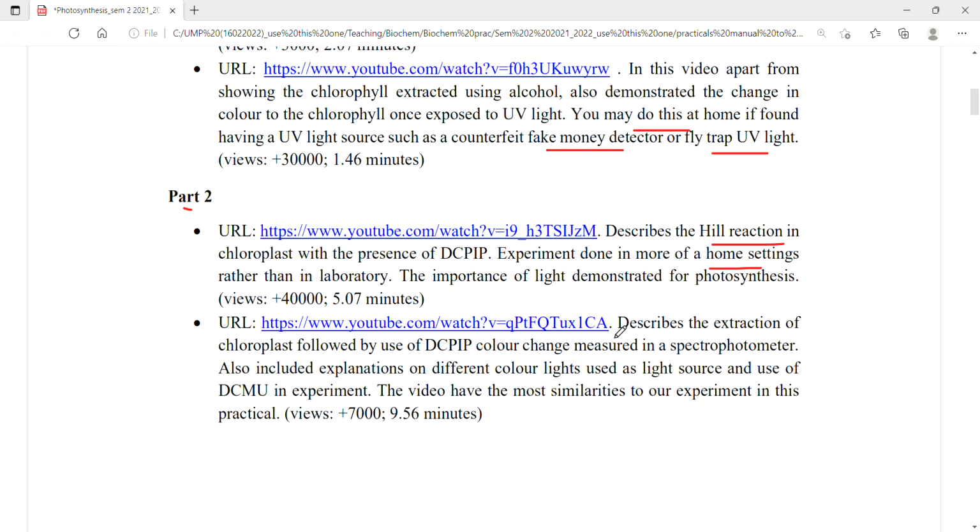There are certain things impossible to do at home, although the video describes it like you can. The other video shows the extraction of chloroplast, using a spectrophotometer to study it, and also the use of DCMU.